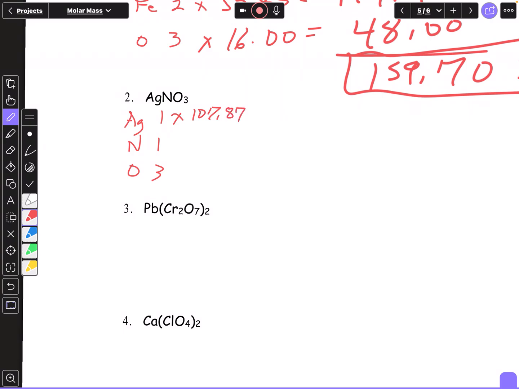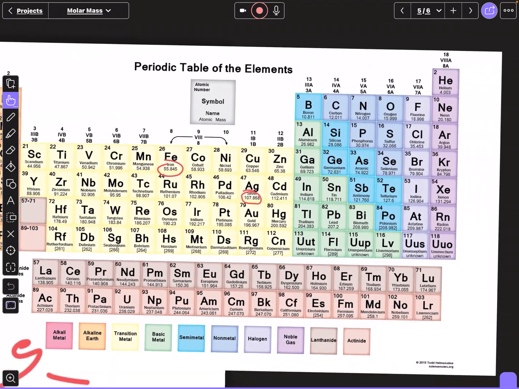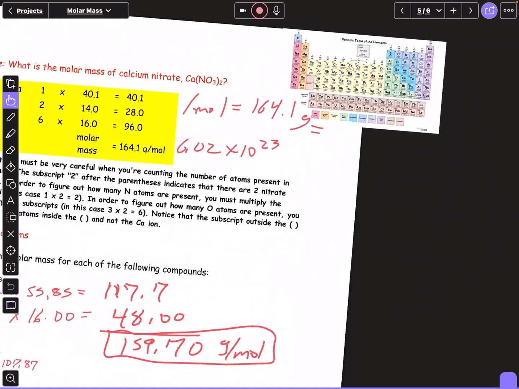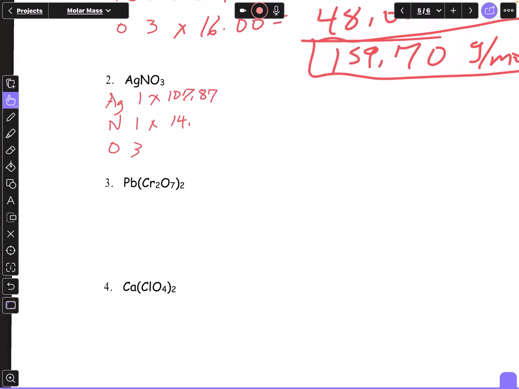Nitrogen is 1 times 14.01, double check it, nitrogen 14.01. Oxygen is 3 times 16.00.